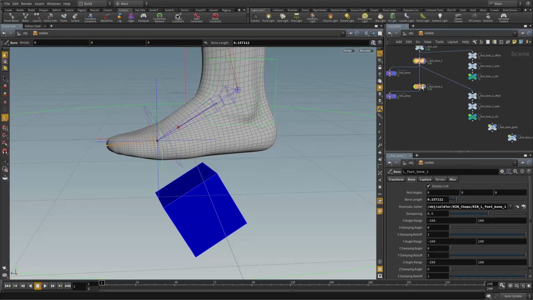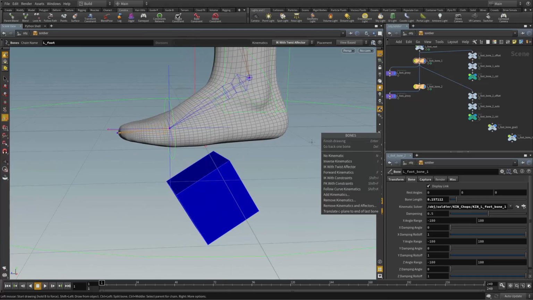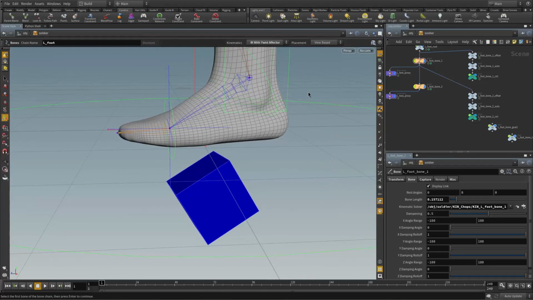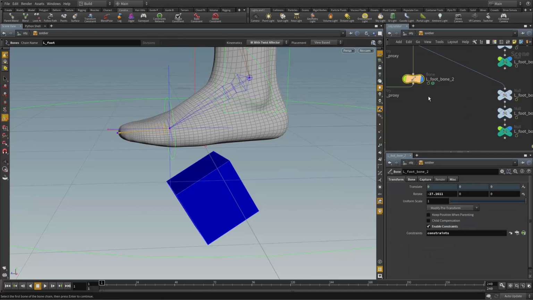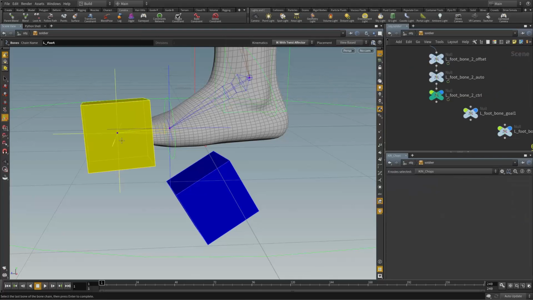And now we're going to do the same for the left bone 2. So back into the Bones tool, right-click, Add Kinematics, and the type that we're adding is IK with Twist Effector. Left bone 2 is the first bone of the chain, left bone 2 second bone of the chain. So we have this exact same situation.